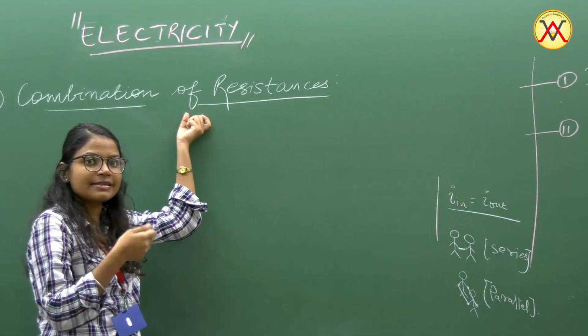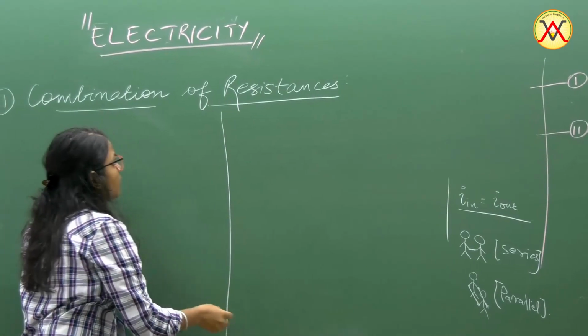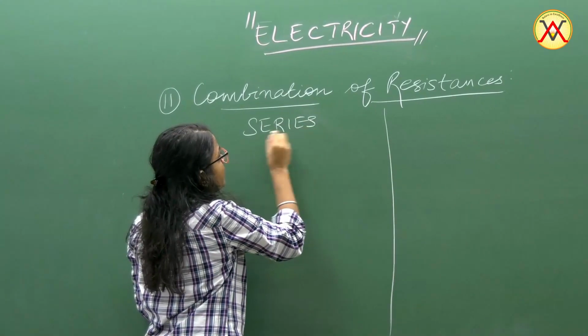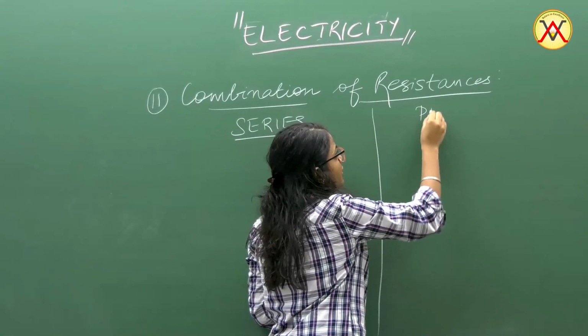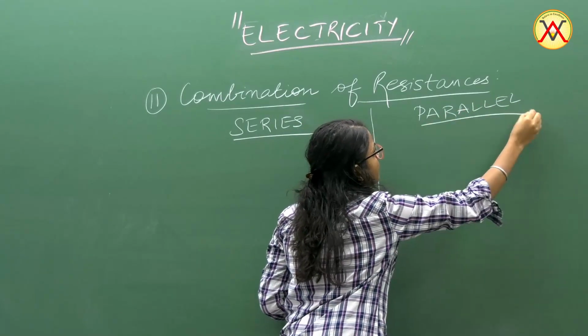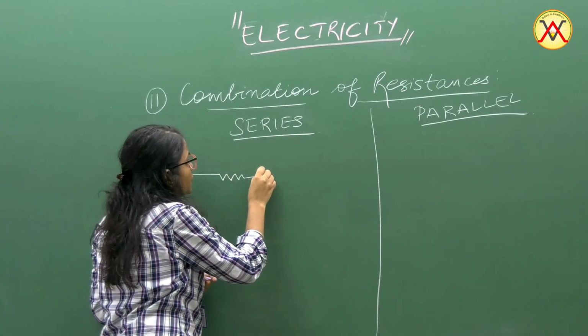Let's see now how resistances would look. Here we shall be showing our series combination. Here we shall be talking about our parallel combination. Let's suppose these are our two resistances.